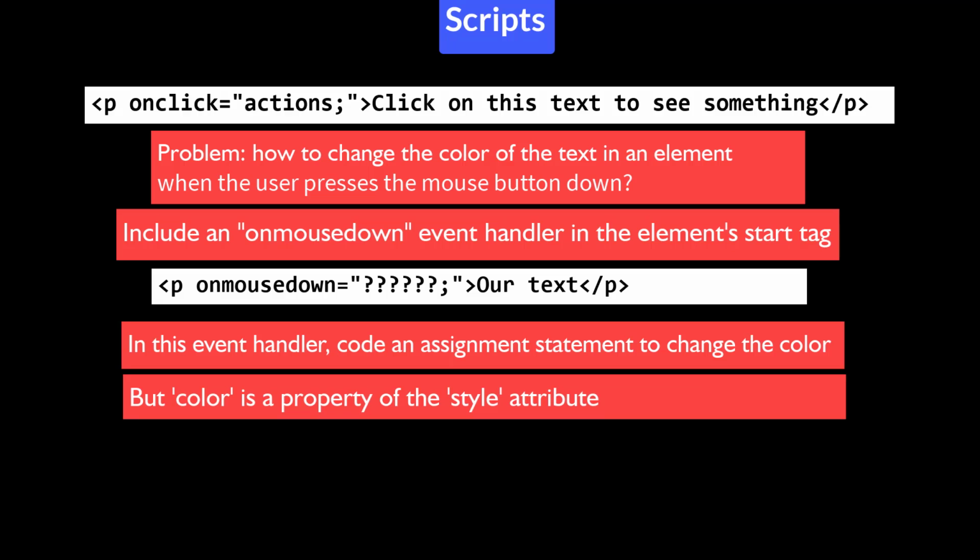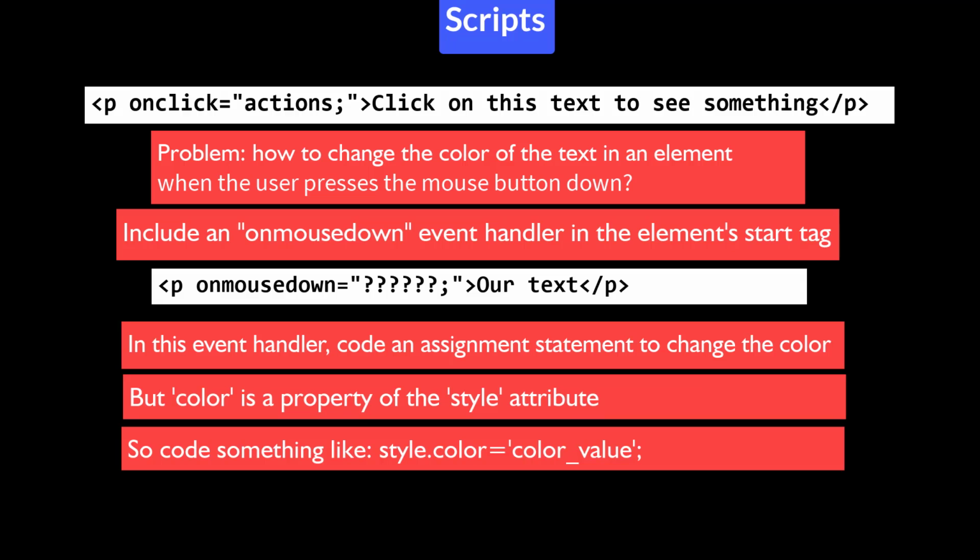But color is a property of the style attribute, so we need to code something like style.color equals, quote, color value. Note the use of the period, full stop. This says, I'm interested in talking about the color property of the style attribute of this element.